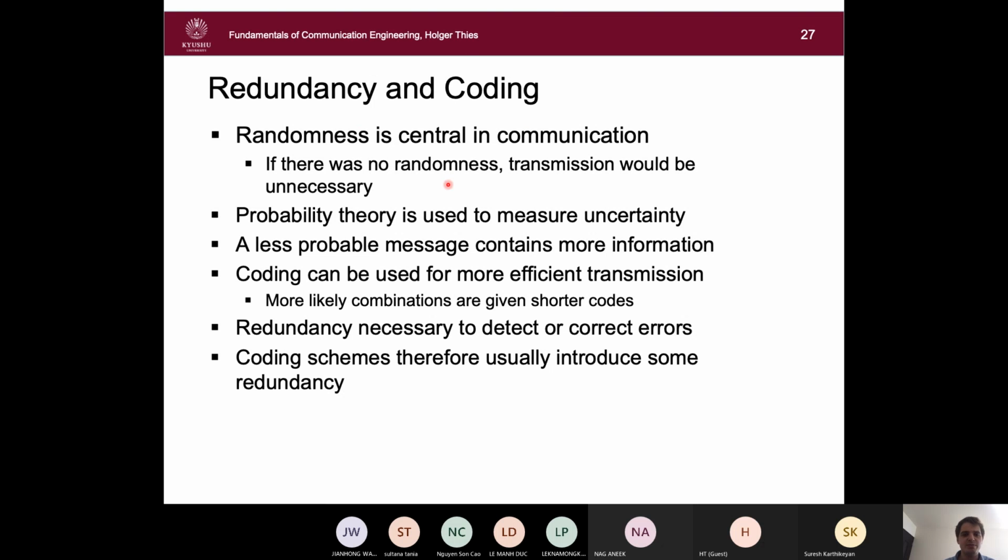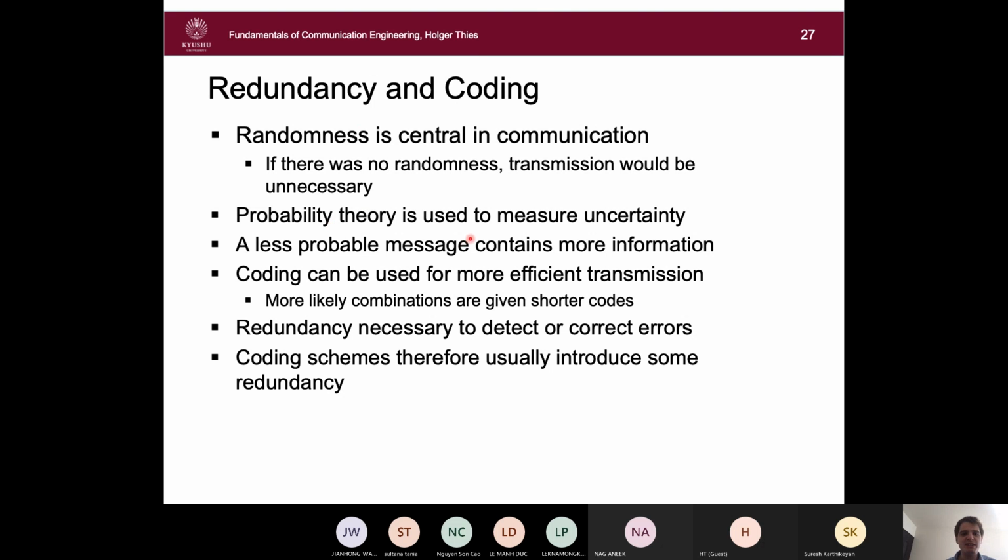This is because random processes are central in communication. If there was no randomness, then we would always know what the message is. If the message was perfectly deterministic, then we wouldn't have to transmit it. We already know what the message is if we receive it. So if there's no randomness, there's no need for transmitting any message.